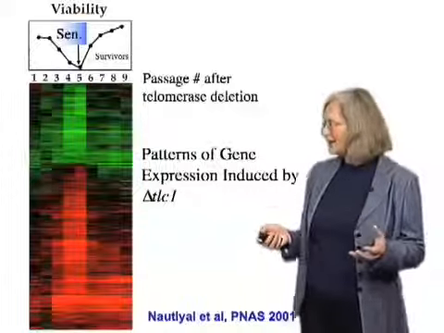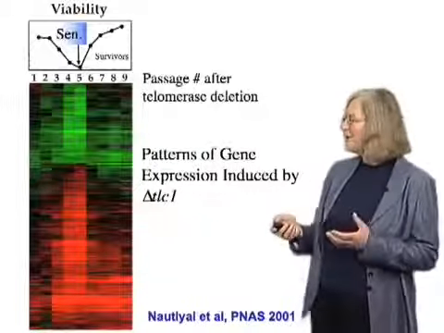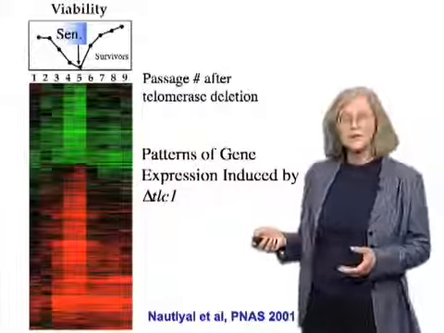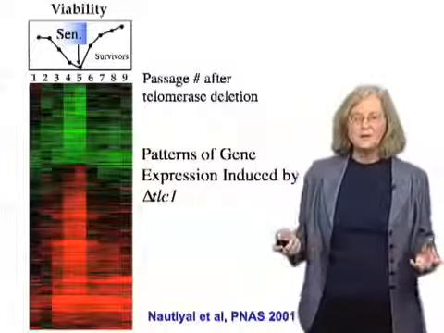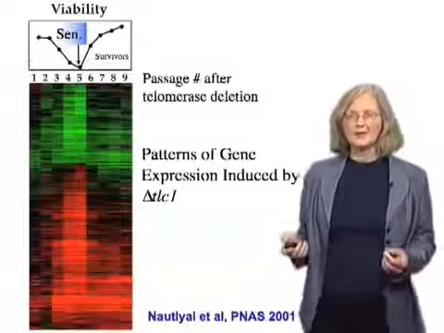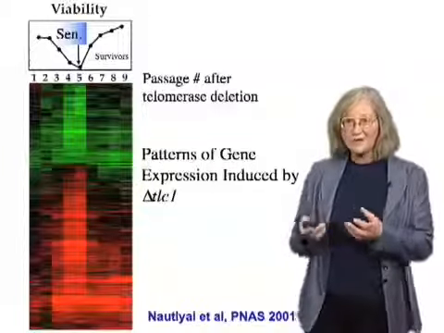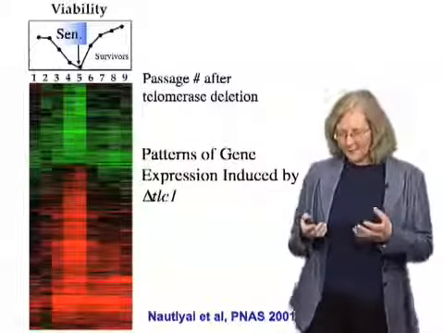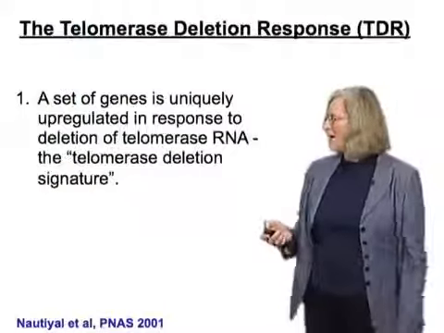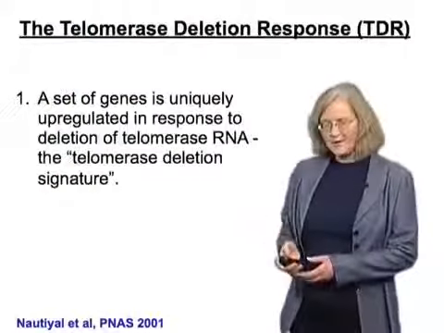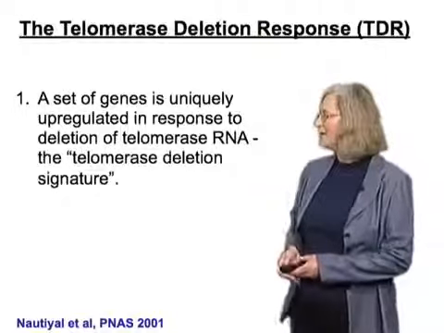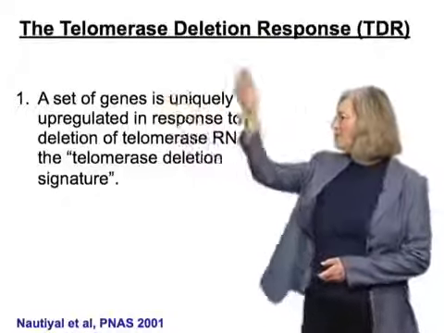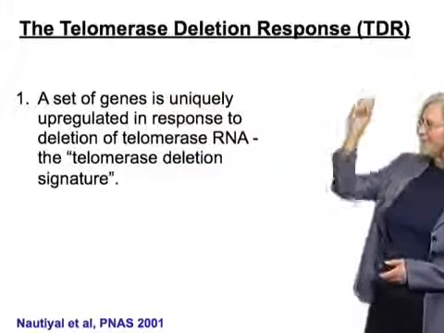So one can compare what we see here with what's been seen in other experiments done by many other groups looking at many other conditions of changes to the cells in yeast. What we found was that, in fact, this pattern we observed was unique, and we gave it a name, the telomerase deletion response, the TDR.